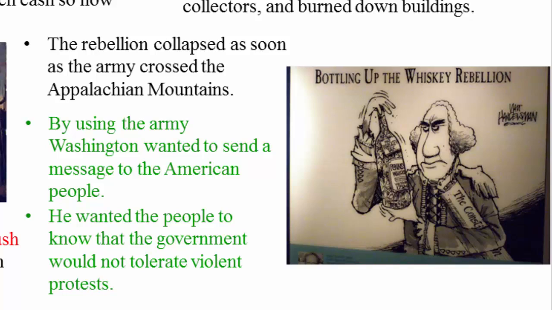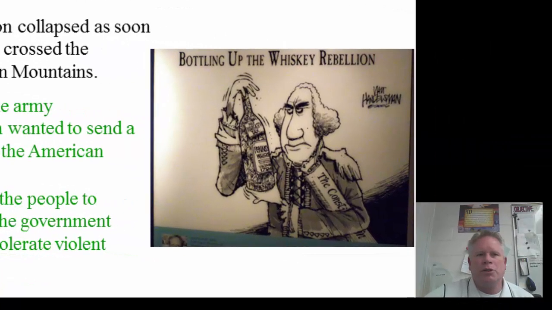They weren't going to take matters into their own hands and start rebellions and start shooting. Well, after the Whiskey Rebellion, Hamilton's plan began to work, and our country's financial situation started to slowly improve.